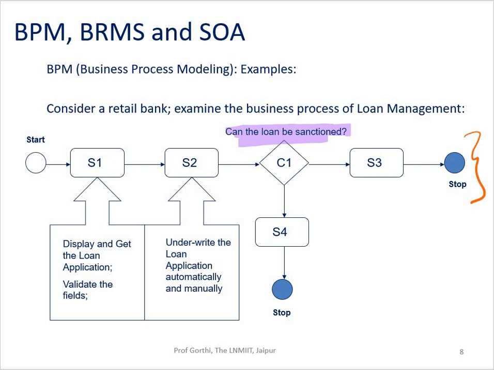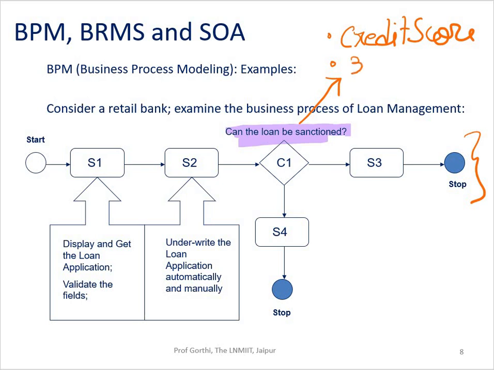See, let's say I went for underwriting the loan application automatically and manually. Now this condition can be decided after several checks, which would be done through several services. It can be your credit score. It can be whether, based on your salary, a particular amount of loan can be given or not.